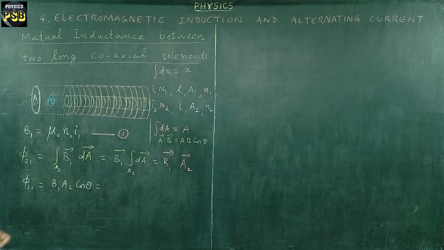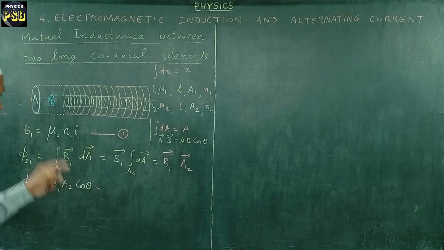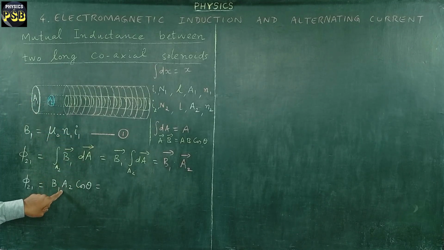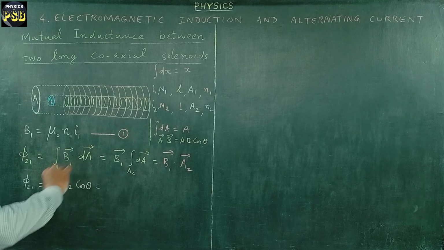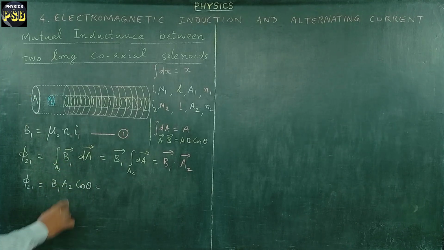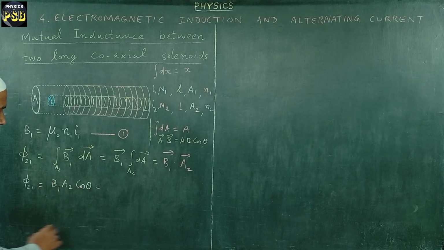Here, theta is the angle between the magnetic field and the area of the second solenoid, and it is found to be 0.